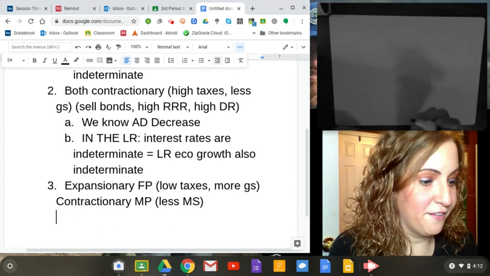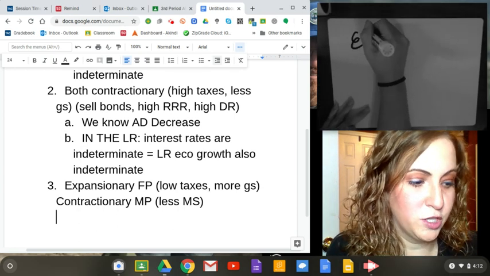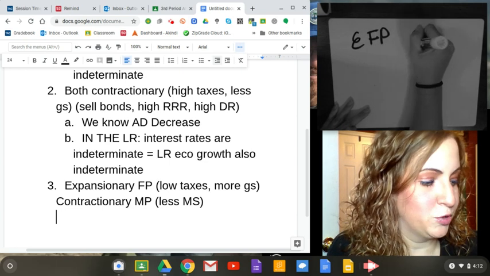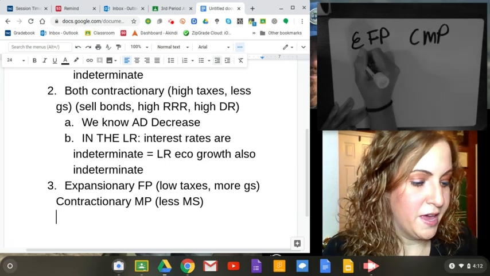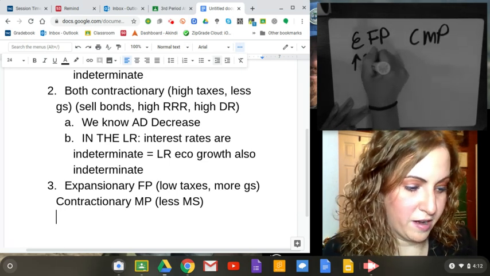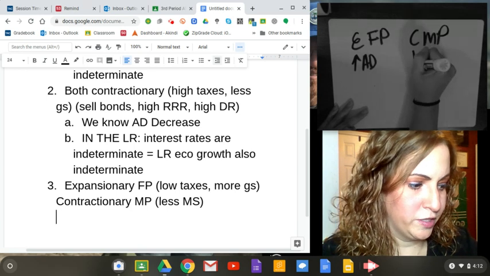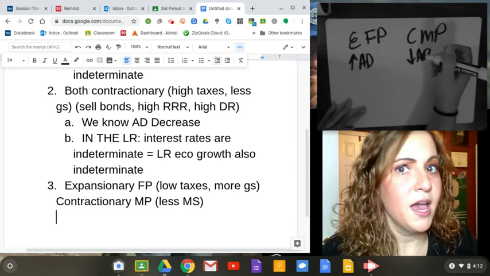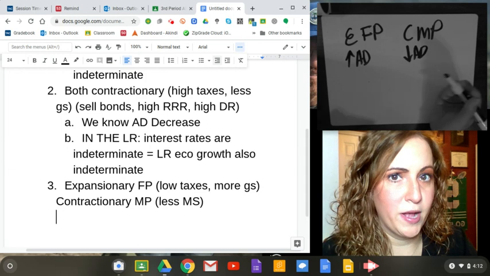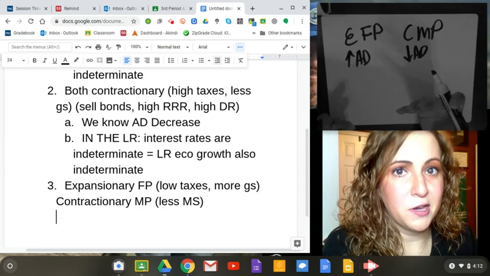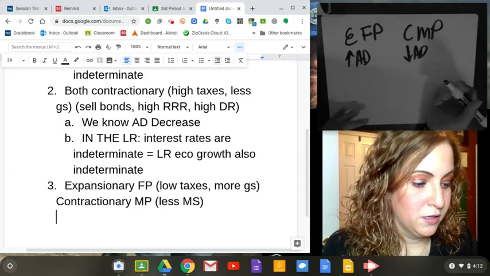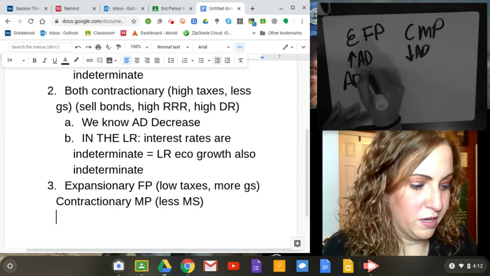Well, I have no idea. If you have expansionary fiscal policy and contractionary monetary policy, expansionary increases aggregate demand. Contractionary decreases aggregate demand. And I have no idea which one outweighs the other, which one has a bigger effect on aggregate demand. So I don't know aggregate demand.